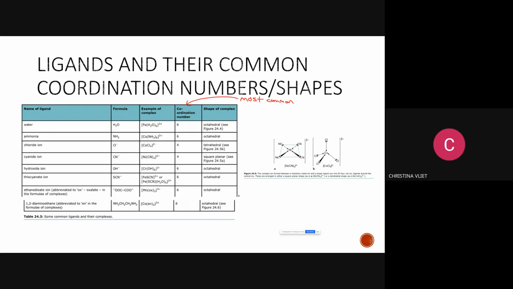Water usually forms a coordination number of 6. Next time we do the lab for this topic, if you look at the bottles of chemicals we have, a lot of times it'll show if it's a hydrate, like how many waters are actually attached.